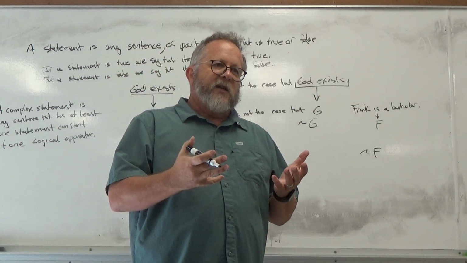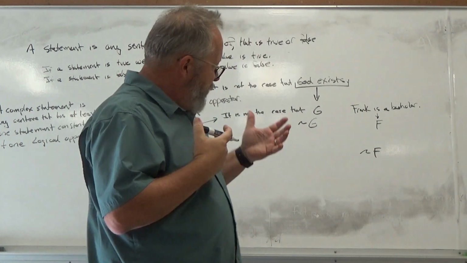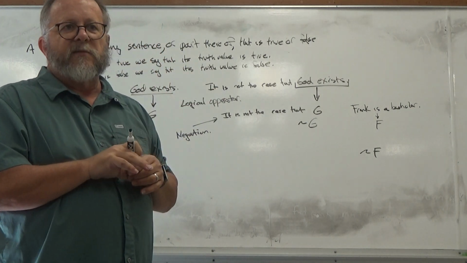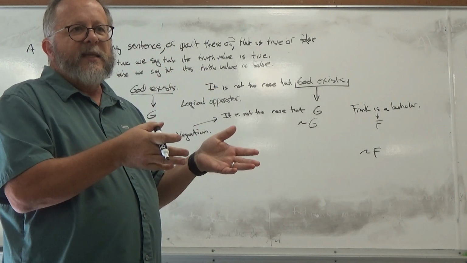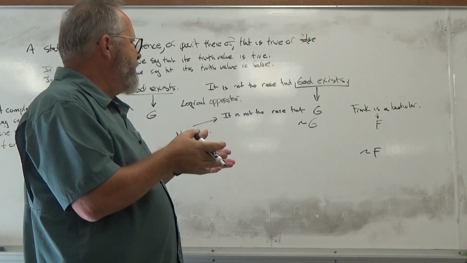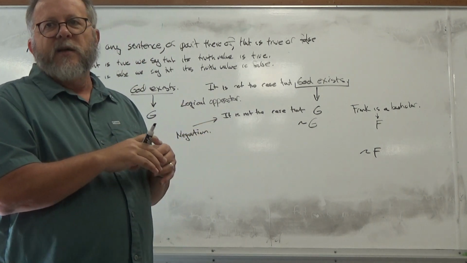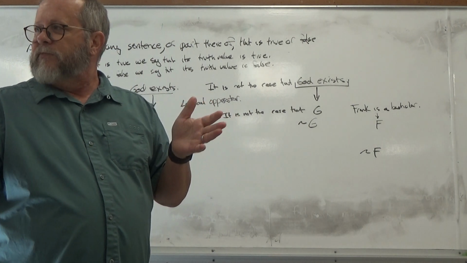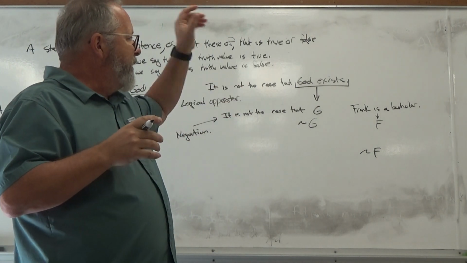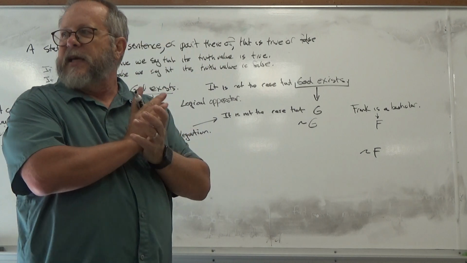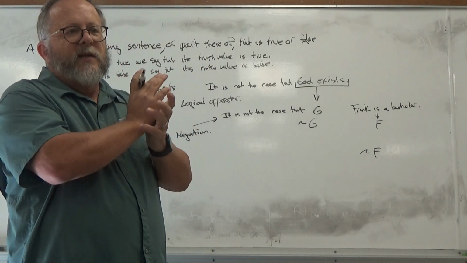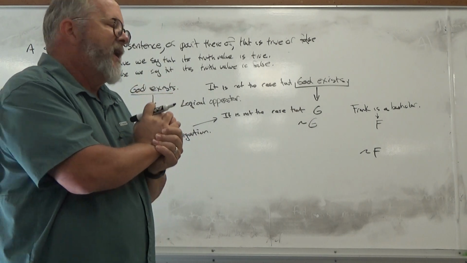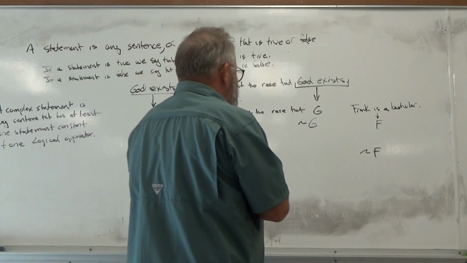So you have some discretion about what you're going to assign as a statement constant, right? But once you've done that, if you decide F stands for Frank is married, you have to do that consistently from then on, wherever you see Frank. And if you say Frank is a bachelor, then you have to use F for Frank is a bachelor. You just have to be consistent. Now, I say you have some discretion.